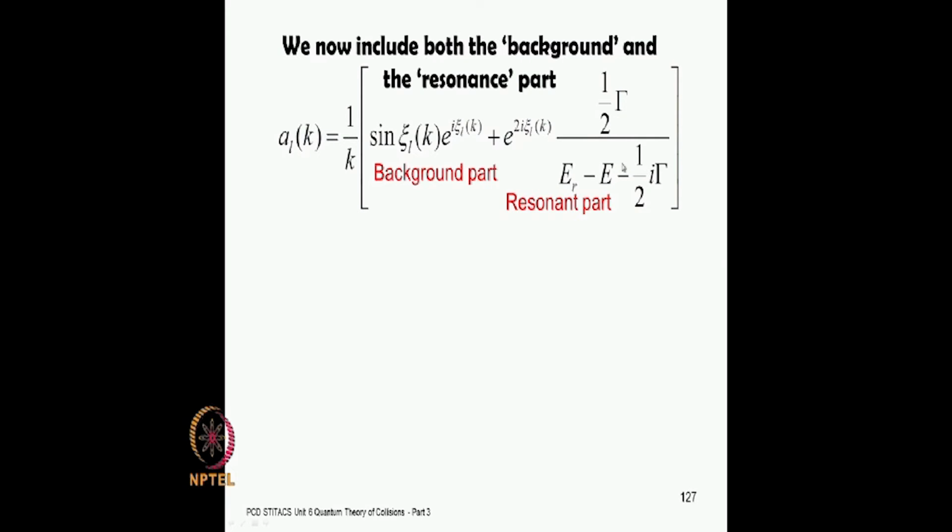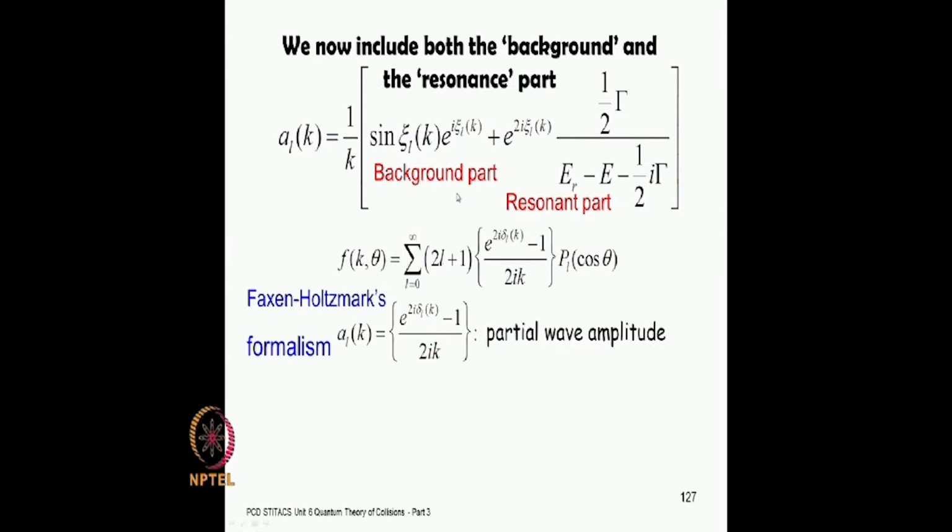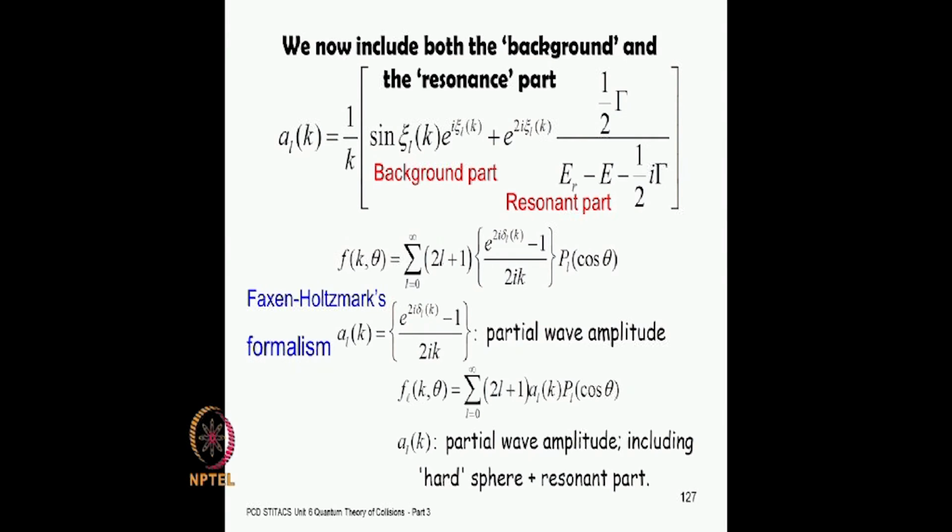formula, and what we really should be doing is to consider both the background part as well as the resonance part. So, when you do that and then put this expression for the partial wave amplitude consisting of both the background part and the resonance part, then you will get a different expression for the scattering amplitude, and a different expression for the differential cross section and for the total cross section as well.